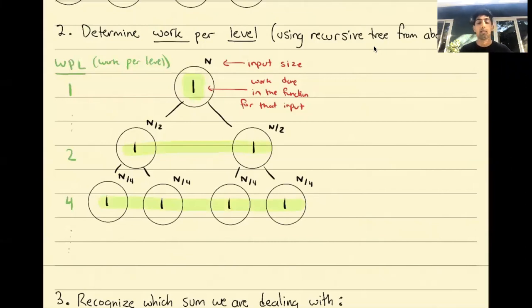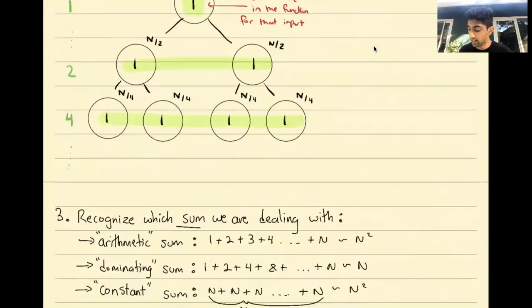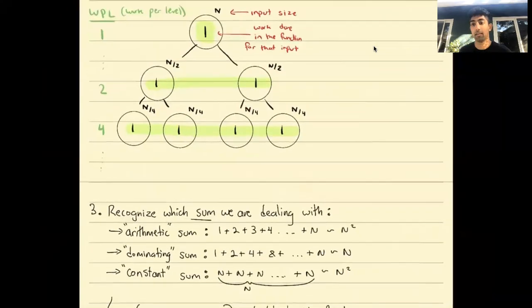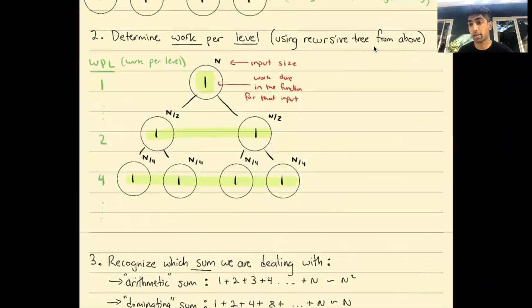The next step is, once we figure out how much work we're doing per level, we need to recognize which sum we're dealing with, okay? Because our end goal, which is very important to understand, is to find the total work. The total work a function does is the runtime of that function, okay?